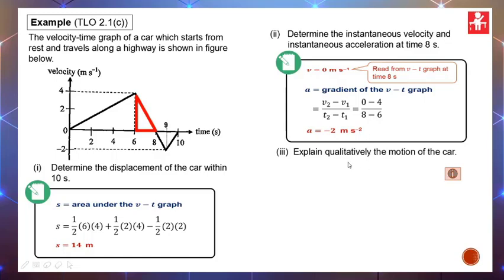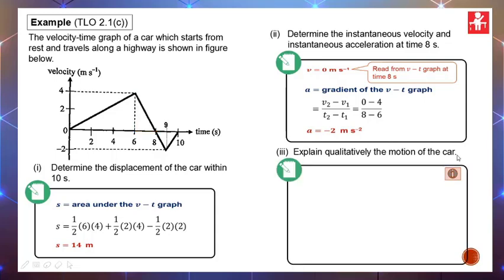Next, explain qualitatively the motion of the car. Starting from 0 seconds to 6 seconds, the car moves forwards with increasing velocity, as you can see over here, there is the slope.